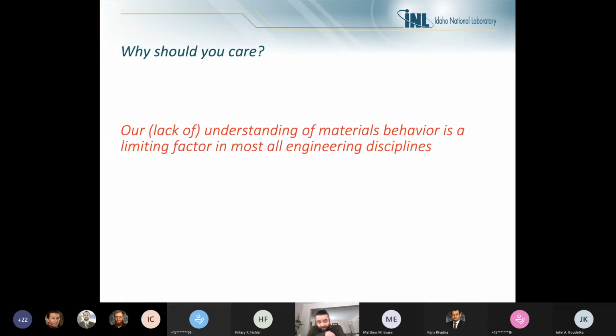We've done a lot of work at the macro scale, so a lot of equations, measurements, and simulations on things that we can see. But it's the things that we can't see, the physics and behavior of these particles at the nanoscale and the atomic scale, that actually control everything at the macro scale. So understanding the fundamental behavior of materials is where science and engineering has to go in order to manufacture, in order to control, in order to bring about technology that is actually very useful.